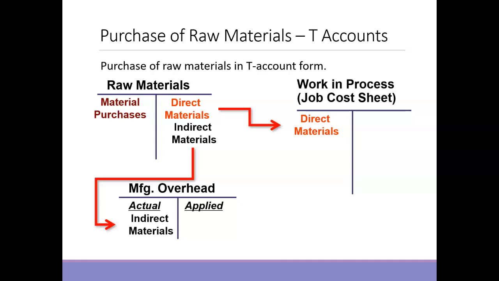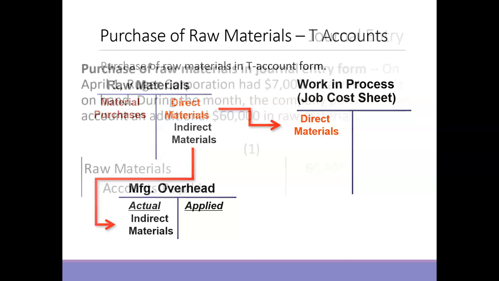But those indirect materials, such as light bulbs or oil for machines, they're not really directly assigned to a job, but they're needed to run the equipment. Those indirect materials go into manufacturing overhead. But the direct materials that can directly be assigned to a job go right into the work in process of that particular job.